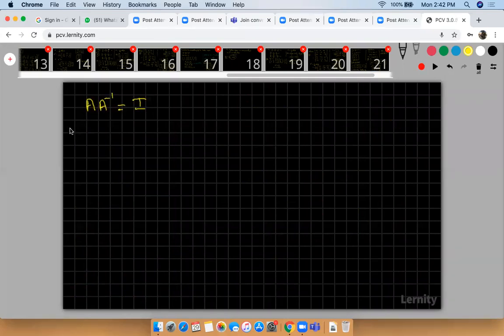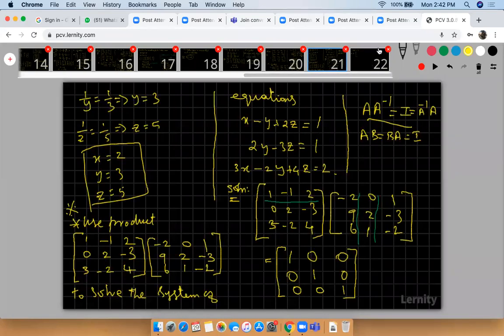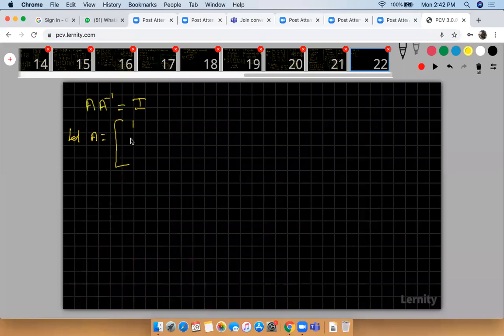So I'm going to take A as the first matrix: 1, 0, 3; minus 1, 2, minus 2; 2, minus 3, 4.